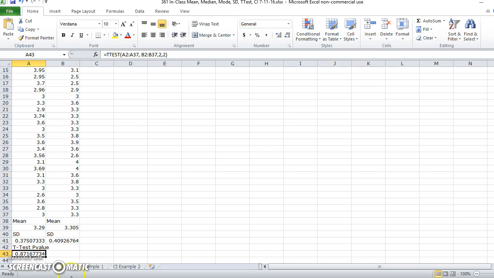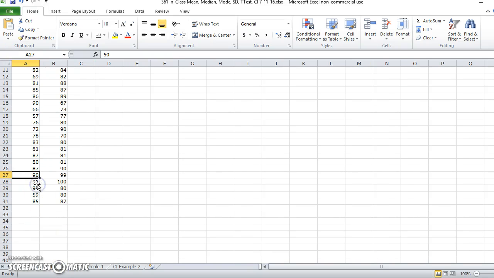Now let's do another example together. So now we have test scores for class 1 and class 2. Let's see if they're significantly different. So again, I do mean and standard deviation for both groups to just eyeball and get a rough guesstimate as to whether there's going to be a significant difference or not.